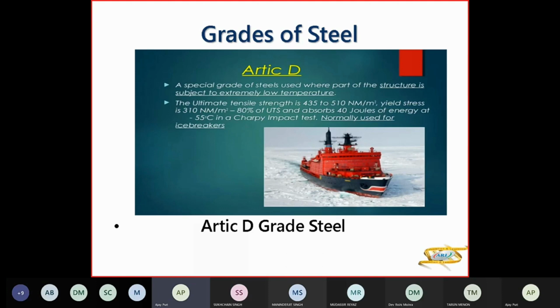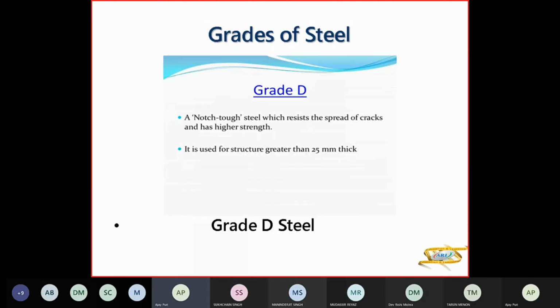The Charpy test can be done at -55 also. So -20 to -55, the Charpy impact test is done. This is used for icebreakers. This is notch tough steel to resist cracks, and it's used for structures greater than 25 mm thick.